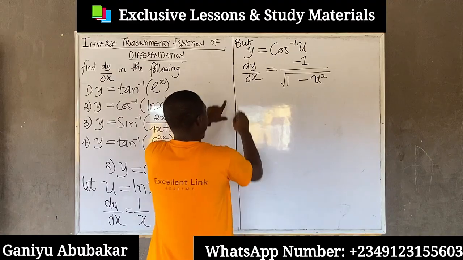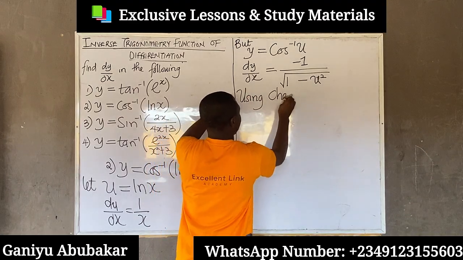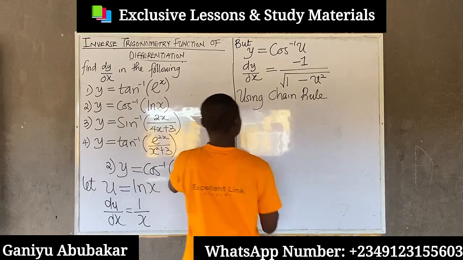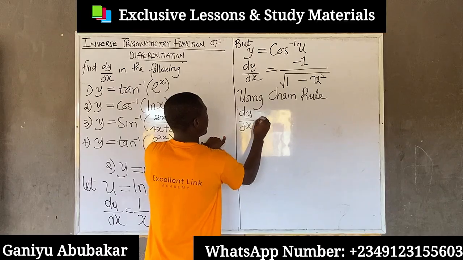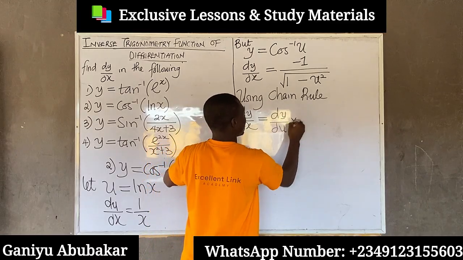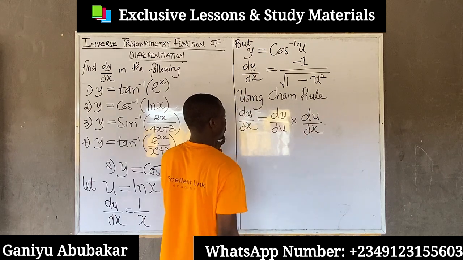At this junction here, I will now use the chain rule formula. For chain rule, that gives you dy dx is equal to dy over du times du over dx, right?